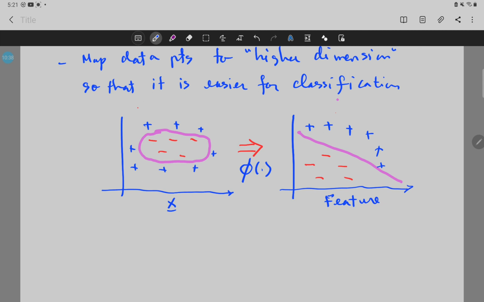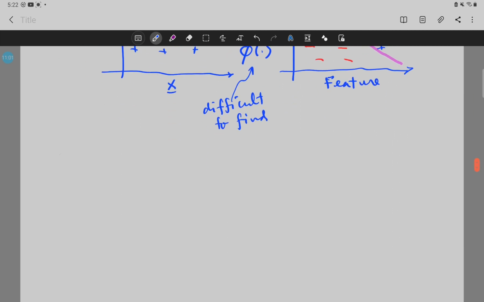However, this type of transformation function can be quite difficult to find. So in general, what we look at is what is called a kernel. We use the concept of kernel for this type of transformation.